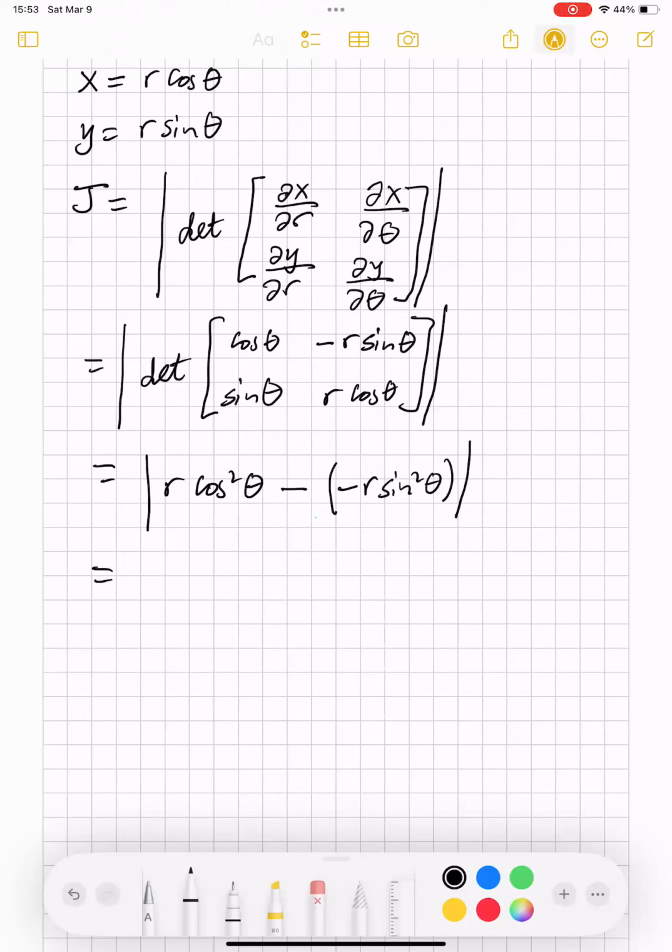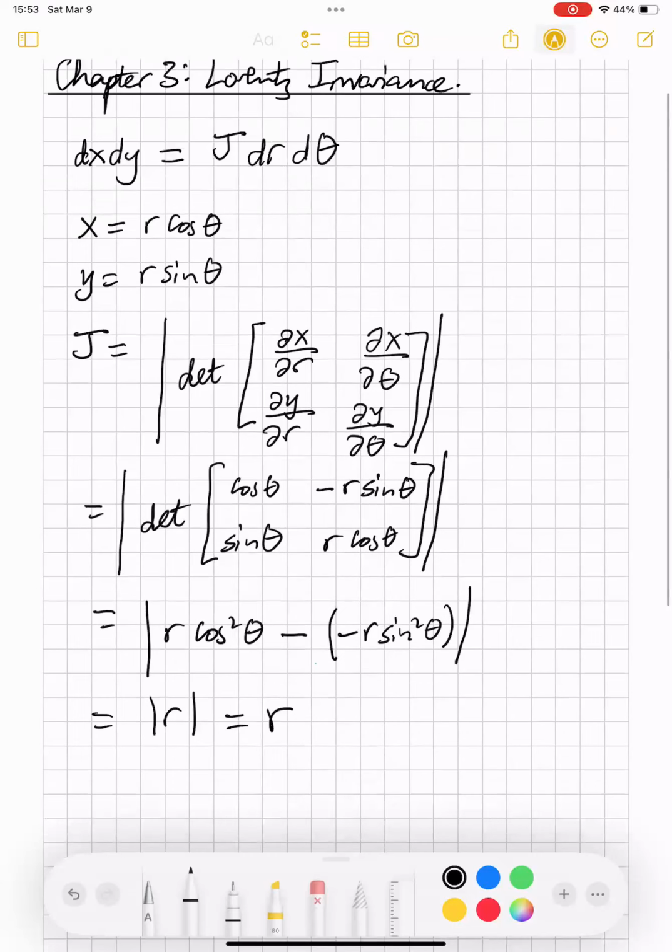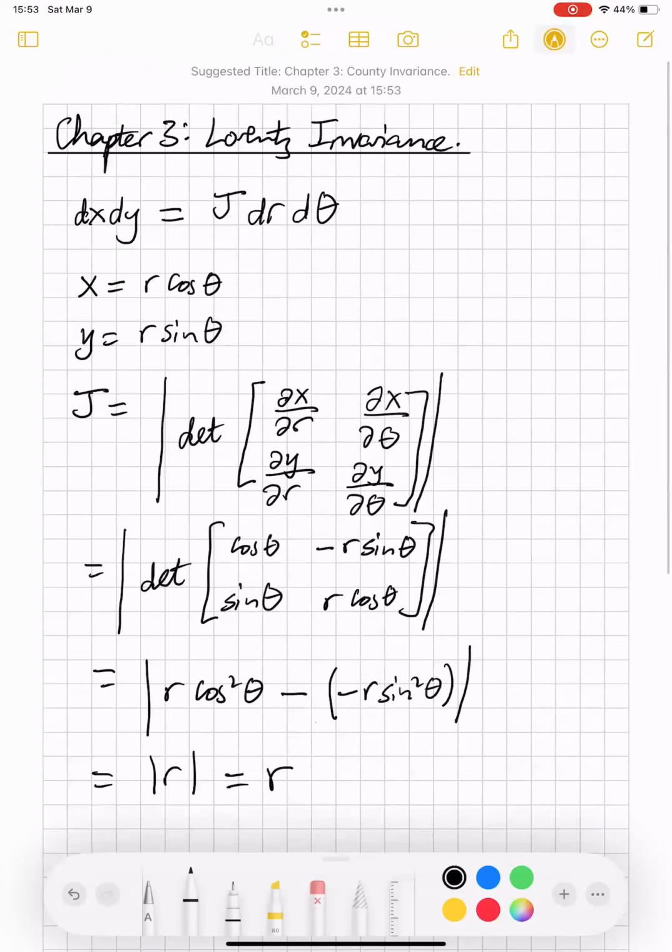Cos squared theta plus sine squared theta is 1, so we just get the mod of r, but since r is positive, we just get r. So the Jacobian is r, and we learned that dx dy will be equal to r dr d theta. So this is exactly what we argued for previously.